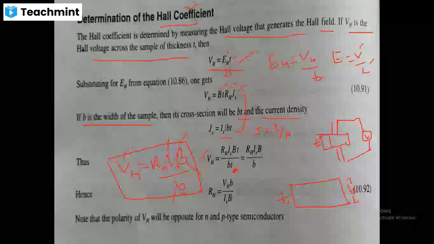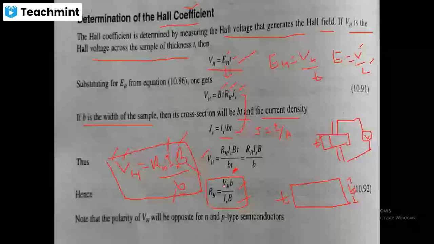Or in other words, we can calculate this RH, the Hall coefficient, by the expression RH equals VH into b divided by Ix into B. So this is an expression for Hall coefficient. This is an expression for Hall voltage.